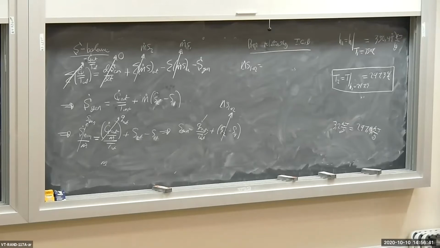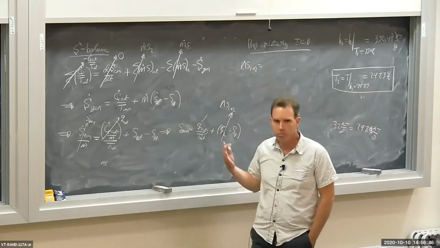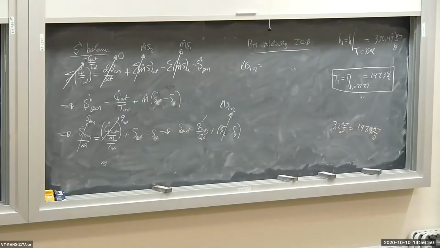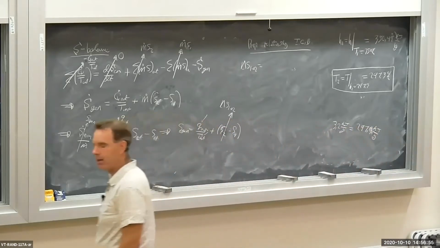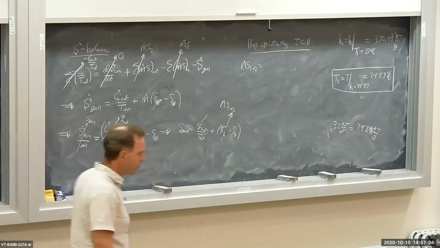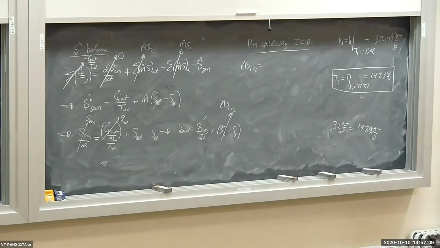If it's constant specific heat, then I can write Cp ln T2 over T1 minus R ln P2 over P1. Or if it's variable specific heat, I have to use the S0 values: S0 at 2 minus S0 at 1 minus R ln P2 over P1.